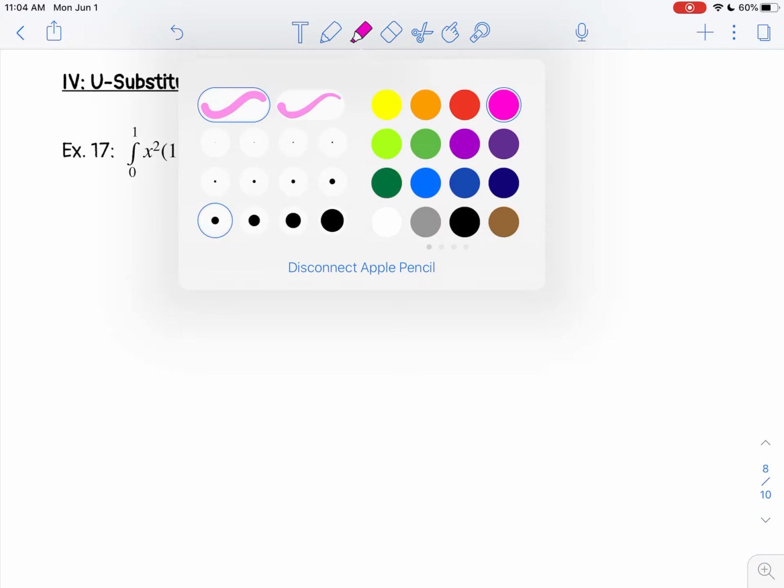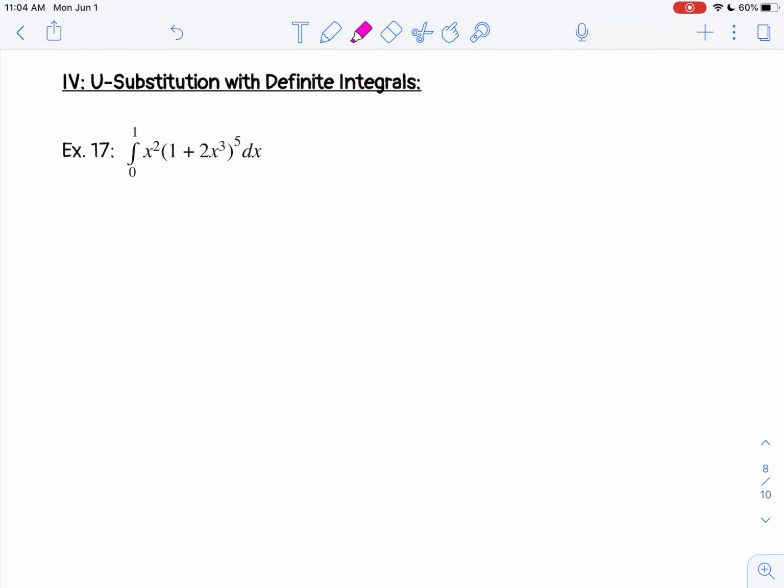I know that I have, in my integral, 1 plus 2x cubed, that's going to be my u. That has a higher power than the rest of it, which is the x squared dx. So let's set u equal to 1 plus 2x cubed. And while we're here, let's go ahead and find our du. So du equals 1 goes to 0, 6x squared dx.